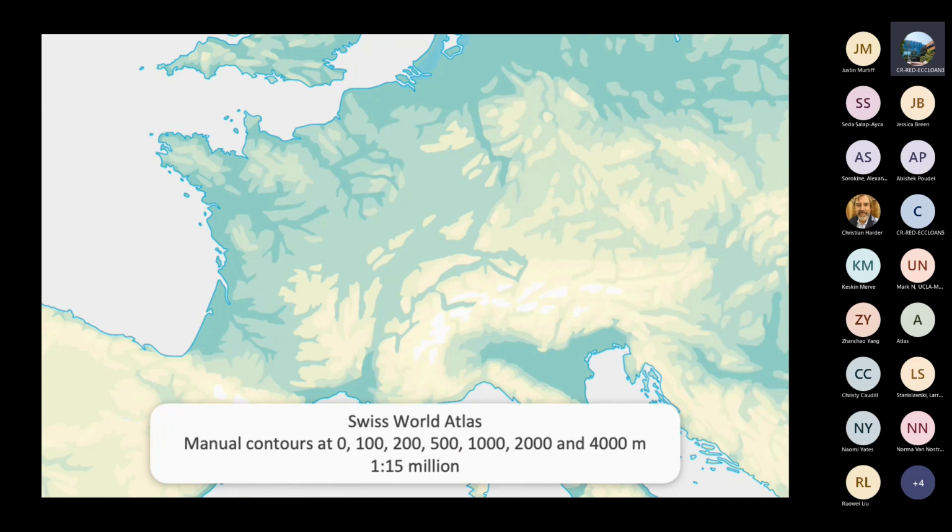And you can see it's really very generalized. So what we would like to achieve is to create a neural network that takes a detailed elevation model and creates a generalized elevation model that we can then use in a contouring algorithm to create contours like this and then fill them with color.